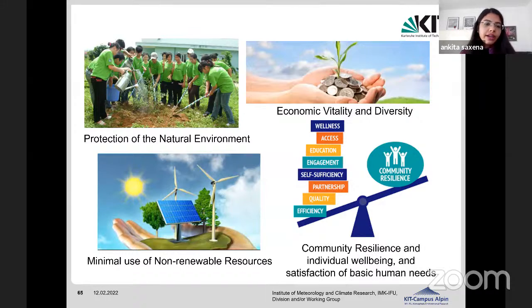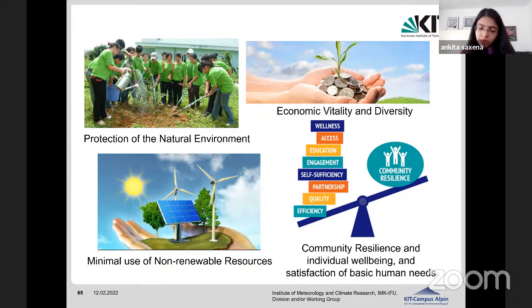And protection of natural land, natural environment means there should not be chunks of urban clusters, but they should be surrounded by some natural environment in terms of parks. So there should be some parks also for a better and healthy living environment, and for the sake of the environment also.